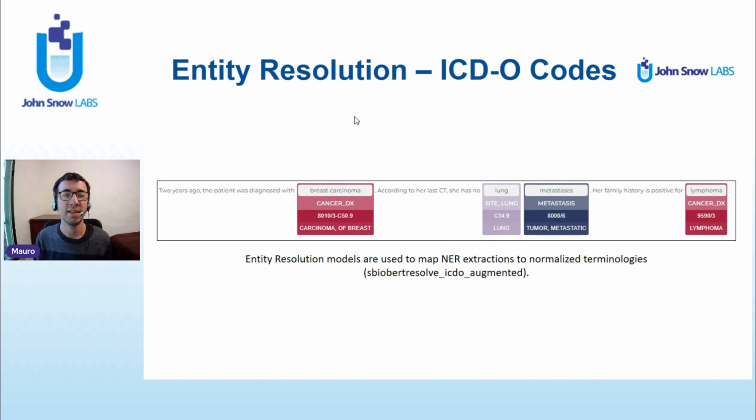So as you can see here, for example, in the first extraction, breast carcinoma, first an NER model extracted it as cancer diagnosis, and then an entity resolution model linked a code to that extraction and a normalized term to that extraction. And the same happened with the rest of the NER extractions that you can see there.